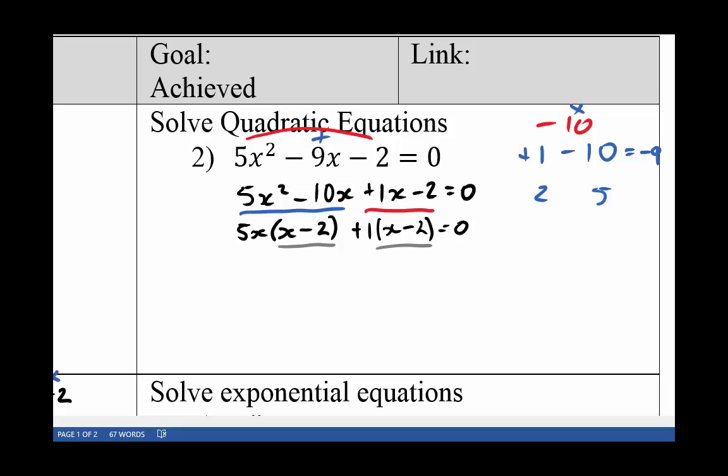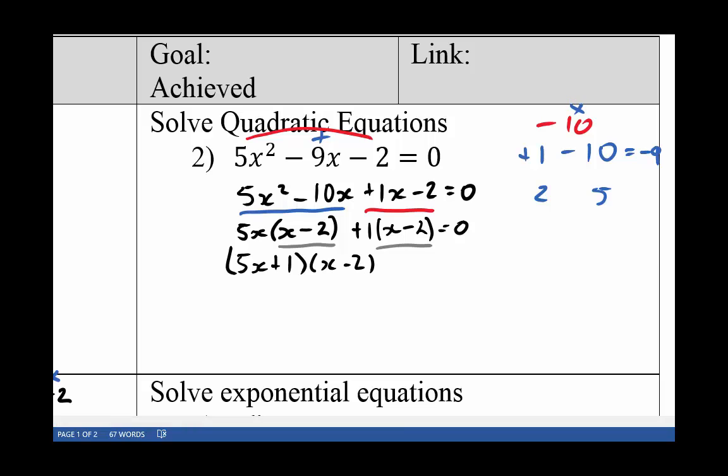So last step is to put the things in the brackets. So 5x plus 1 is 5x plus 1, and x minus 2, x minus 2.